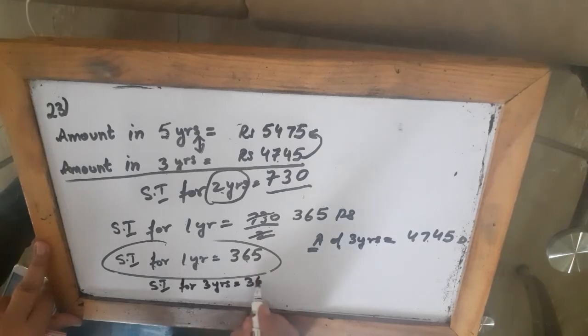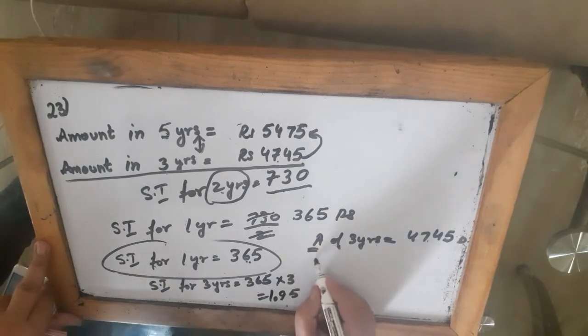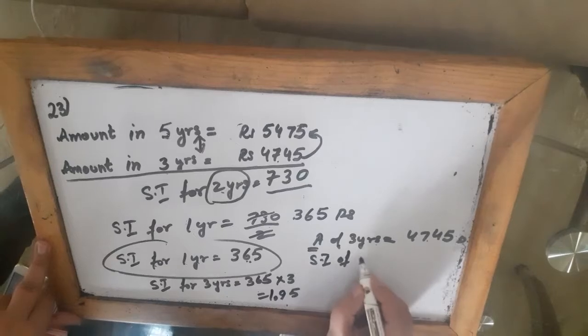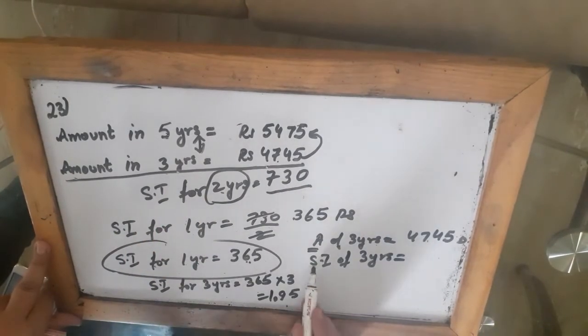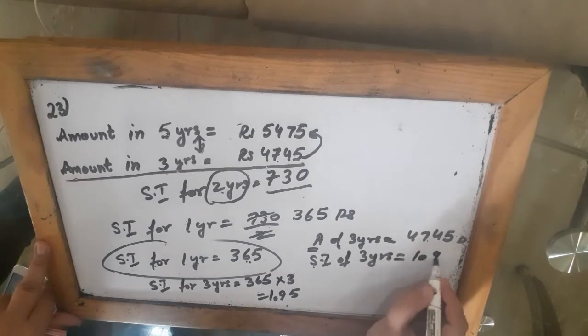So 365 is the simple interest of 1 year. If I multiply with 3, I will get the interest for 3 years, 1095 for 3 years. So now I have the amount of 3 years and the simple interest of 3 years.